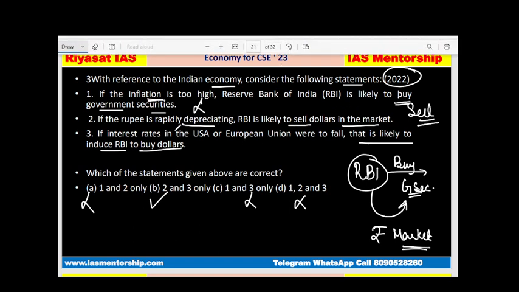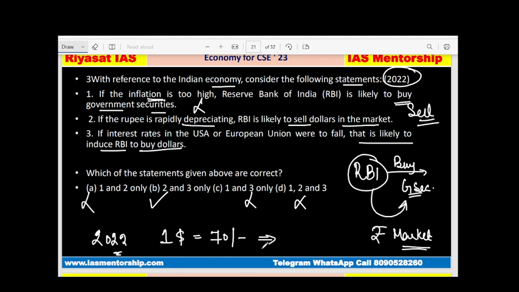Let us see what is your depreciation. Basically, depreciation and devaluation are two very important topics you should know. Rupee depreciation refers to, for example, let us assume that in 2022, $1 was 70 rupees. Clear?